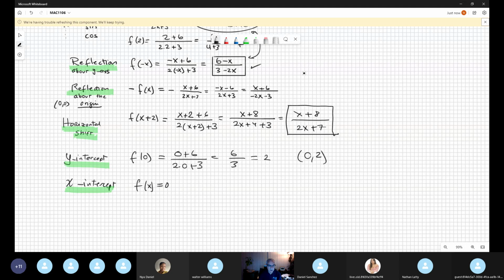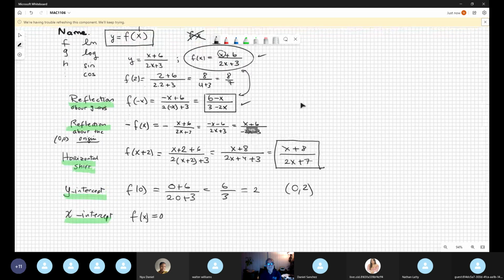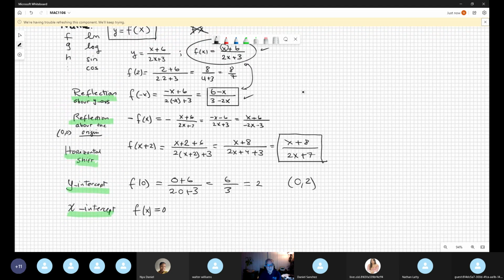This is different because it's just plugging in, an arithmetic part. This is algebra, because you force it to be 0. So actually, the thing I did was y equals 0. Okay, in our specific example, we start at the beginning with x plus 6 over 2x plus 3.